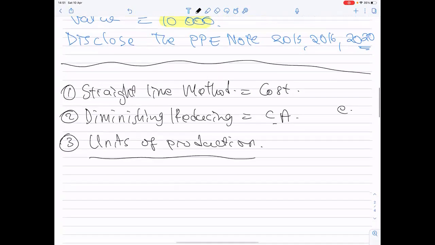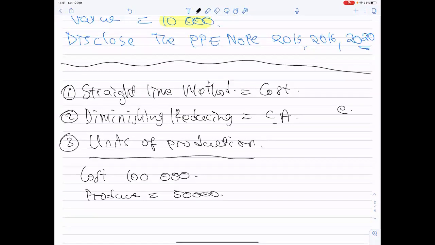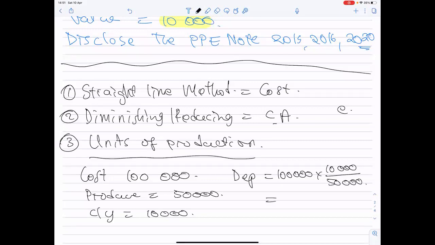For example, say the cost of the asset is 100,000, and the asset is expected to produce 50,000 units. But in the current year, the entity only produced 10,000 units. So when we are charging our depreciation, it is going to be 100,000 multiplied by the 10,000 units that were produced, divided by the total units that the asset is supposed to produce over its useful life.